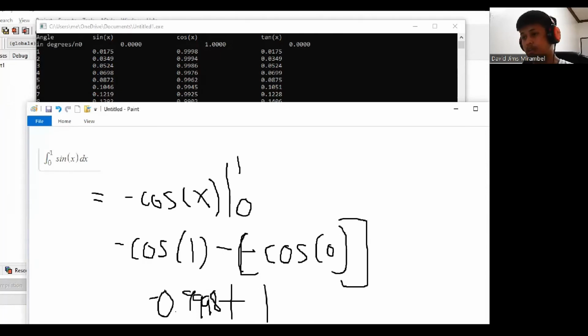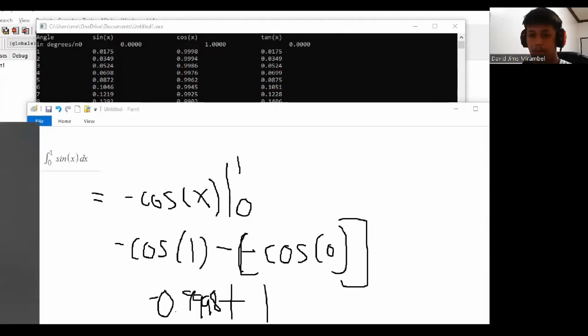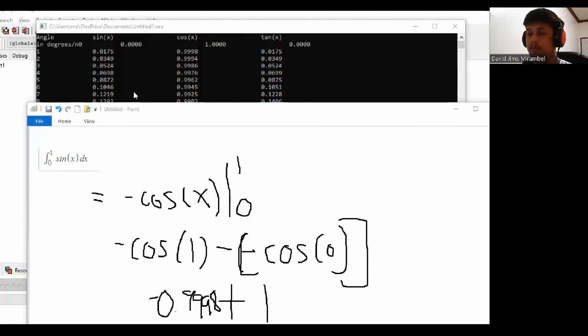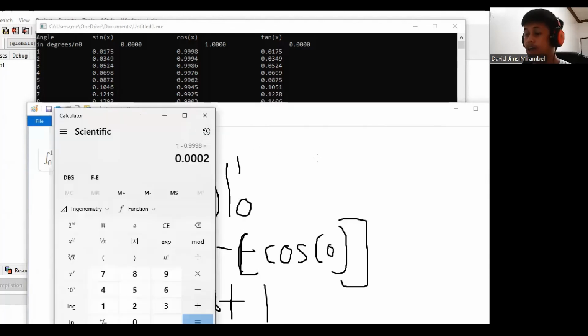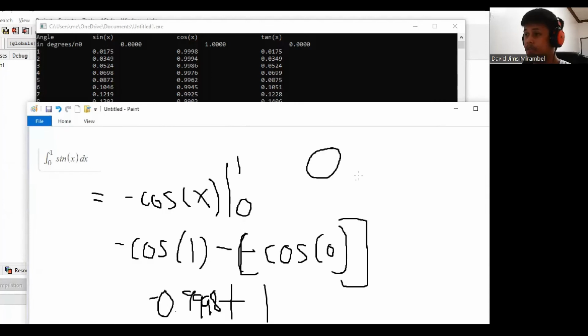If you subtract this, on the calculator, 1 minus 0.999998. So this is the final, accurate answer for this integral.